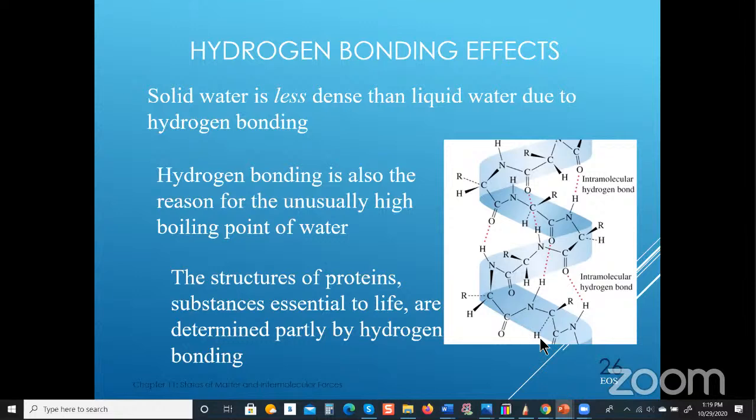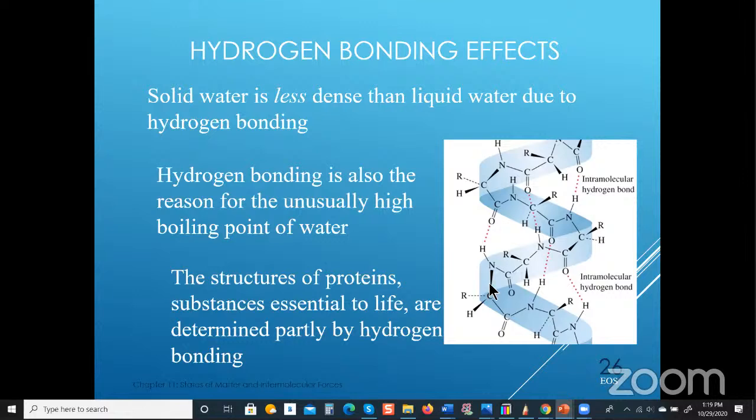So this is a DNA structure here. As you can see, you have a hydrogen bond here, here, and here, between oxygen and hydrogen in different parts of the molecule. And this basically holds the helix, the alpha helix structure, together when it comes to proteins and so on.